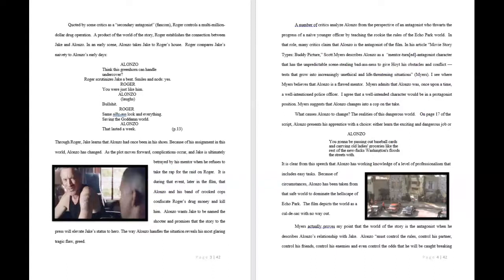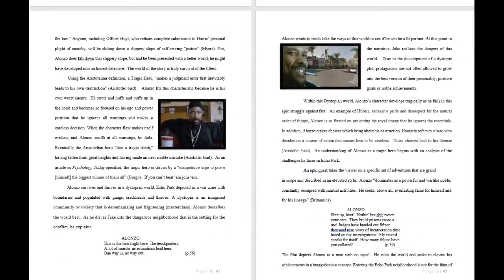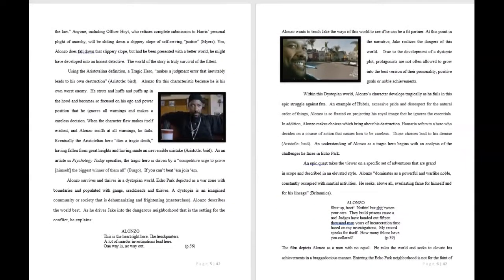And in a buddy story, you generally have two protagonists with a number of antagonists or whatever. So that's what this section is doing. I'm proving that Alonzo is the protagonist of the story, because when you're writing a position paper, you have to look at the opposition, and the opposition would say, no, he's not the protagonist. He's the bad guy. All right.